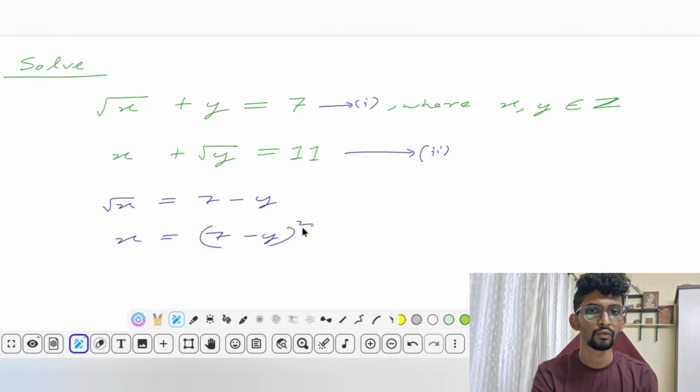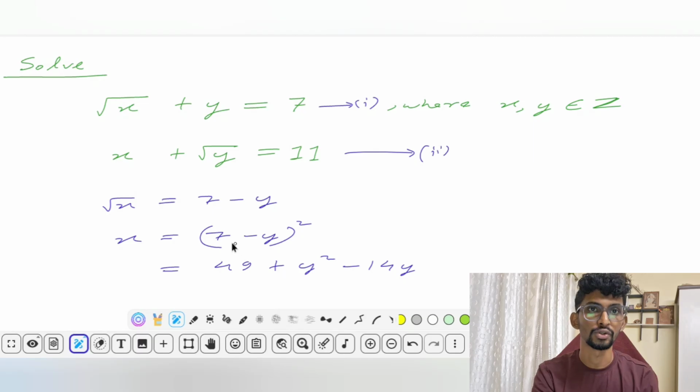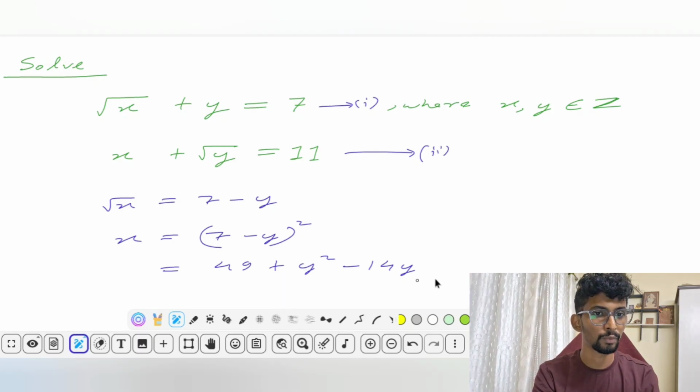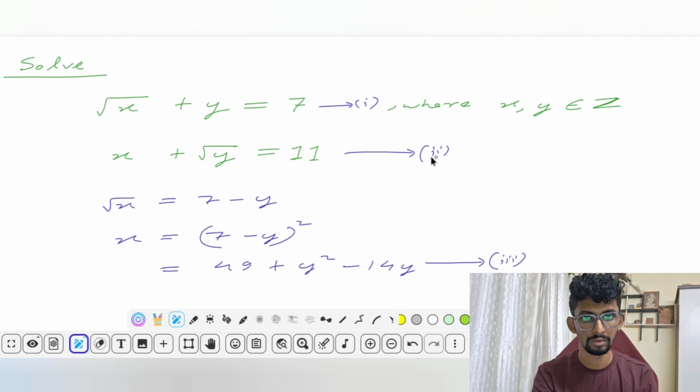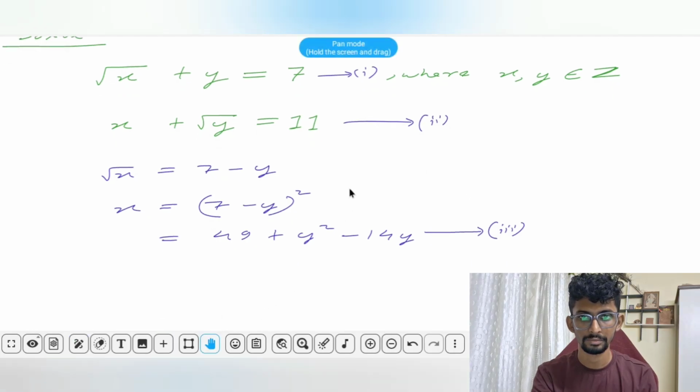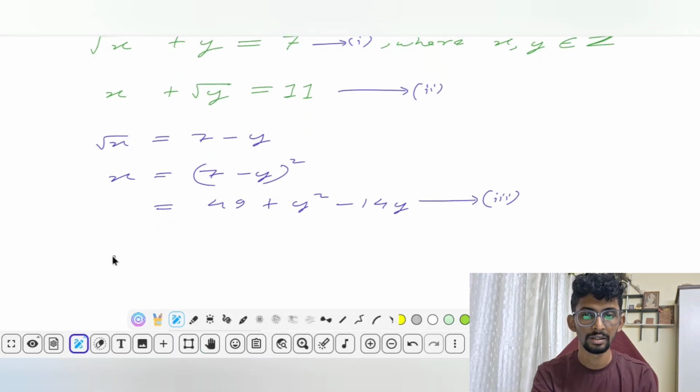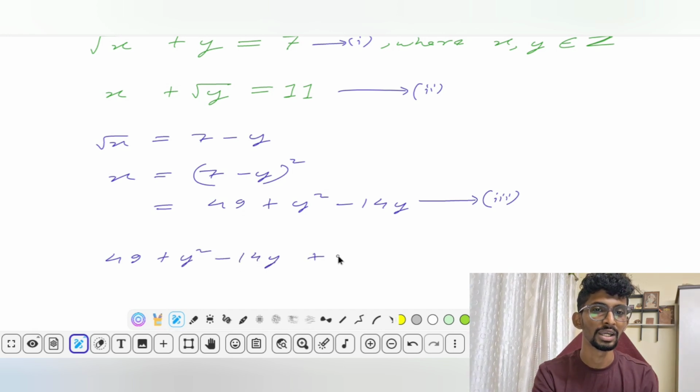That is 49 plus y square minus 14y. We have applied (a minus b) whole square here. So if we put this value of x in equation 2, we will get 49 plus y square minus 14y plus root y equals 11.